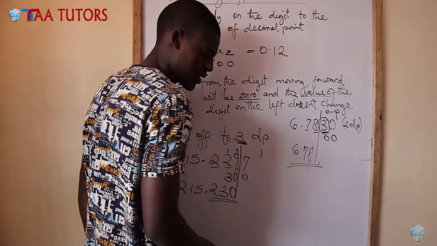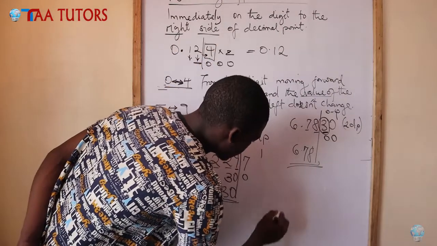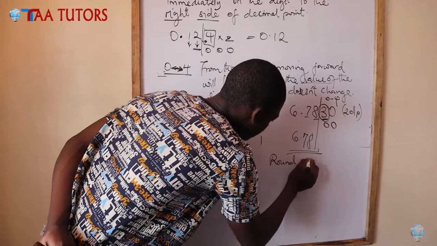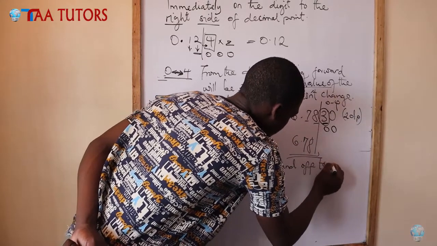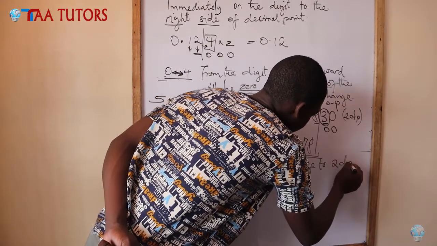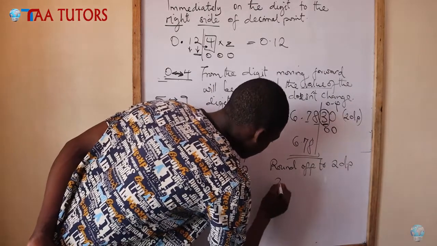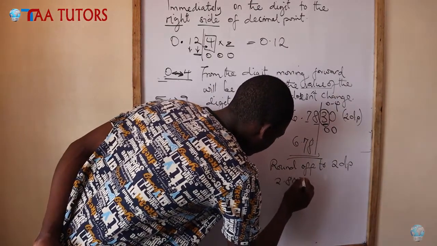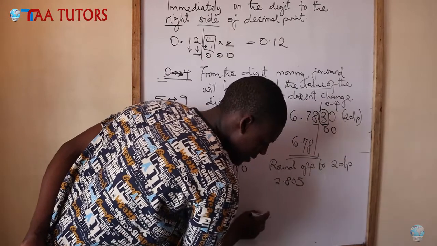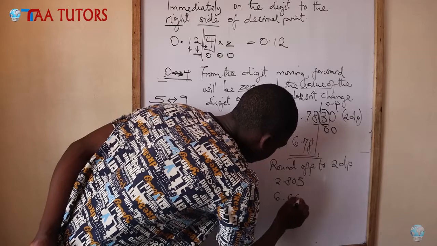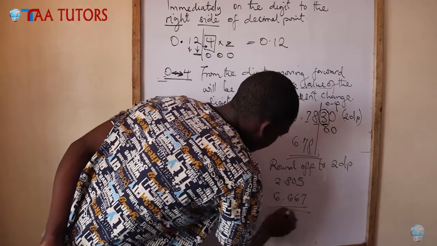You can try more examples like: round off to 2 decimal places 2.805, then 6.667.